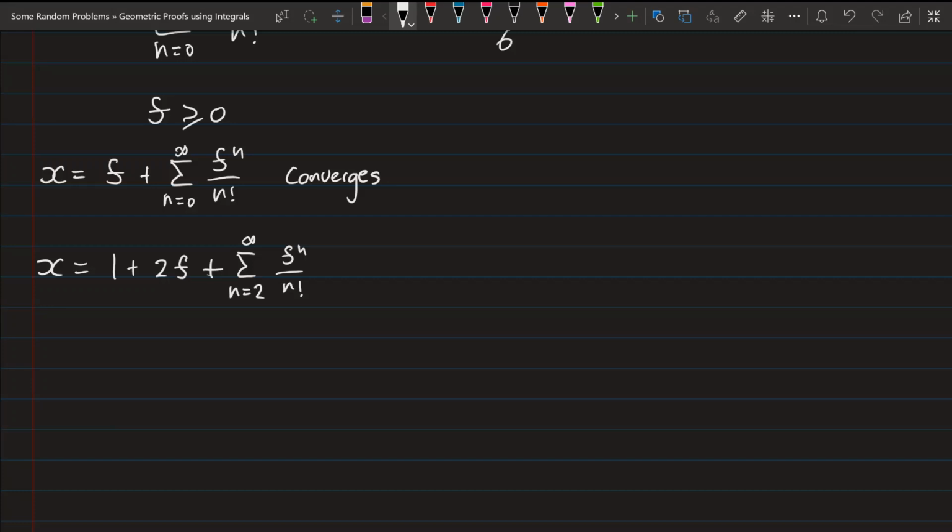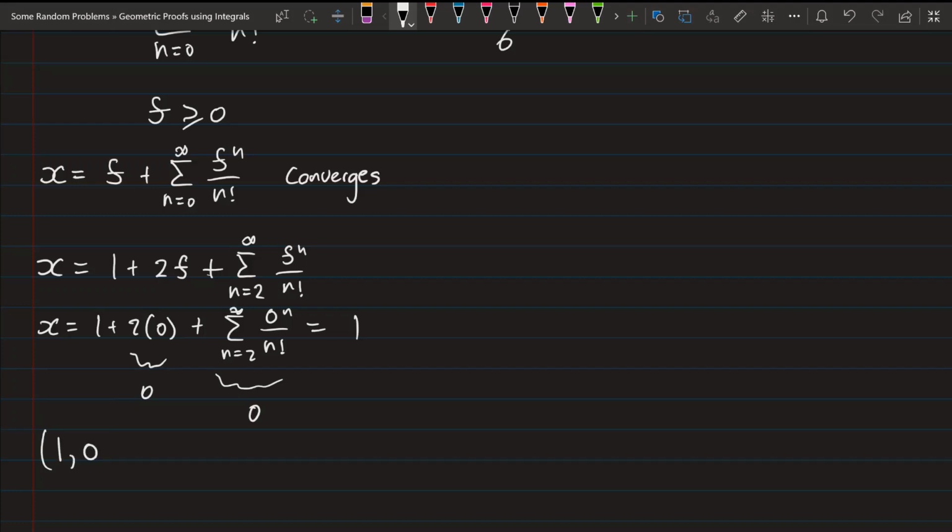And if we substitute f is equal to 0 in this case, we get x is equal to 1 plus 2 multiplied by 0 plus the summation from n is equal to 2 to infinity of 0 to the n over n factorial. That is 0, so x is equal to 1. So we get 1, 0.